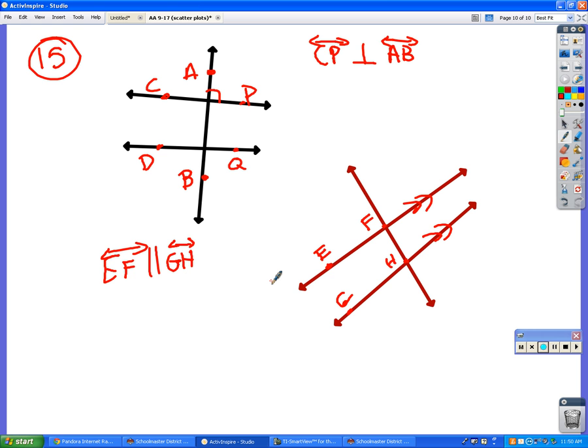Which ones are parallel? What's that? I and J. Do you want to say I and J because? If they're both perpendicular to the same line. Right, right. And we haven't really proved that yet, and we'll talk about that. So you can go either way on that. You could say that I and J are not parallel because they're not marked such that they are, or you can say I and J are parallel because of what you just said. So I would take either one on that.